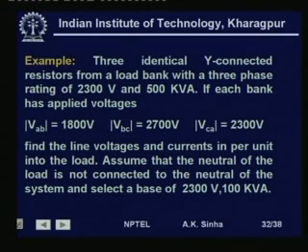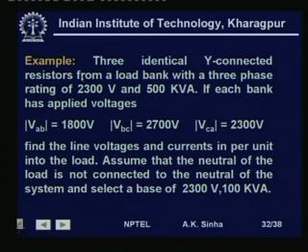Now, let us take a simple example to illustrate this point. For example, we have taken 3 identical star connected resistors forming a load bank with a 3-phase rating of 2300 volt and 500 kVA.